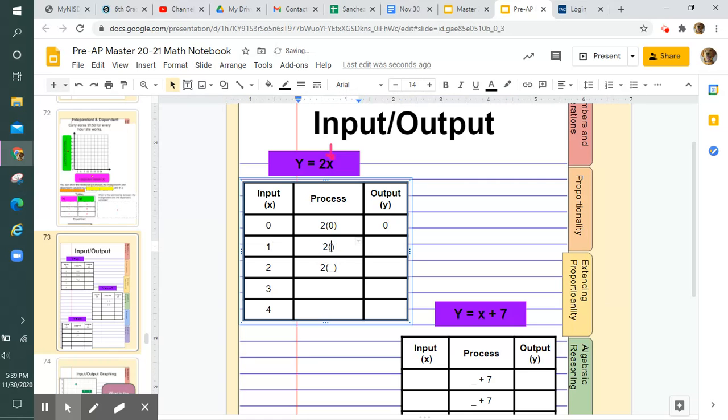So 2 times 1 is 2. And we're going to keep going. So 2 times, this time, our x is equal to 2, and 2 times 2 is 4.